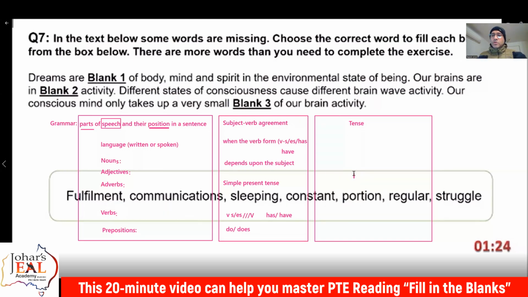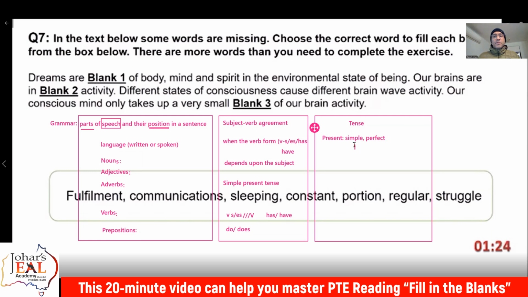I don't say you need to know all conscious grammar, but we can go through some basic rules and that can help you. So the first one is most important, second is subject-verb agreement, third is tense. Not all tenses, but present tense, especially simple present tense, and present perfect.